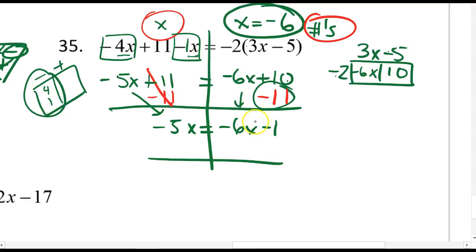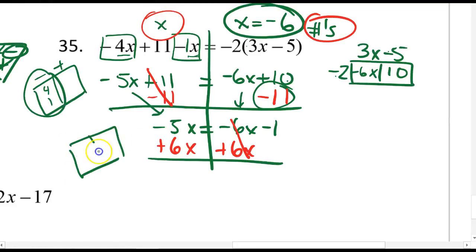What term doesn't belong? Well, we want numbers on the right, so the 6x does not belong. And it's negative 6x, so we're going to add 6x to both sides. That cancels out. Again, if I pull up my box here, which I could have done in the last one when I did 10 and 11, 6x is here, 5x is here, different box, so subtract.